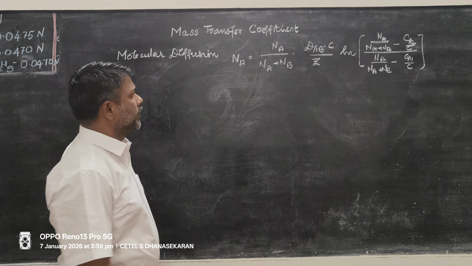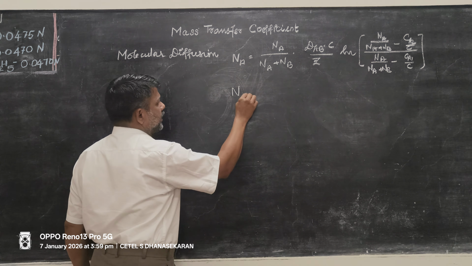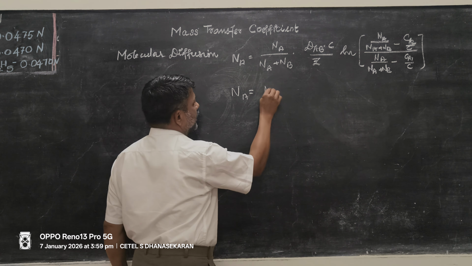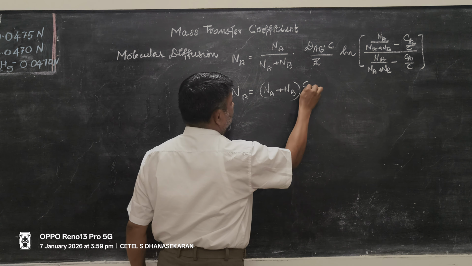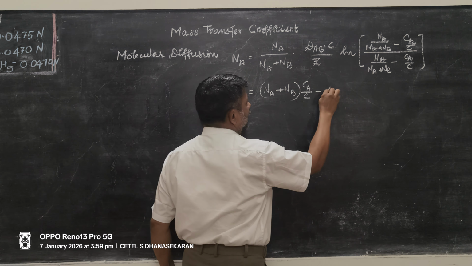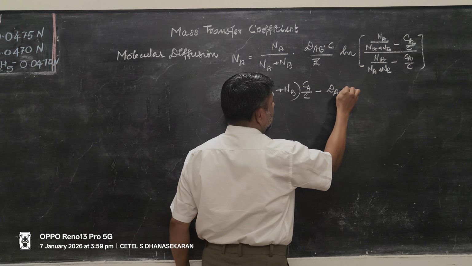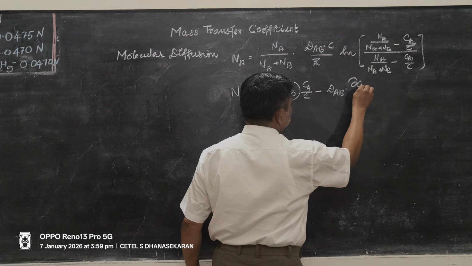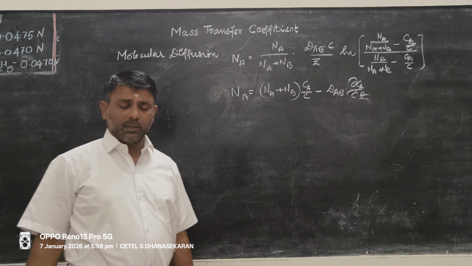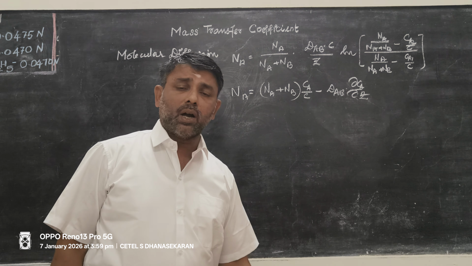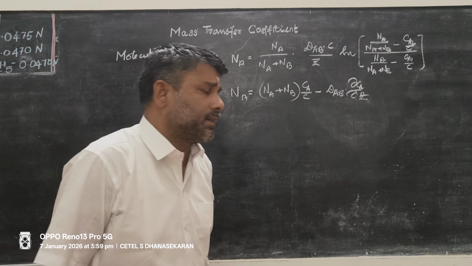One more fundamental equation: NA is equal to (NA plus NB) into CA divided by C minus DAB into dCA divided by dZ. Clear? This is the equation we already derived in molecular diffusion under steady state condition.